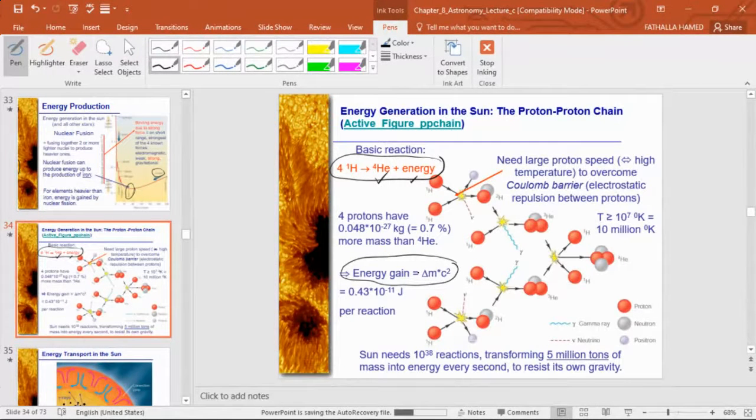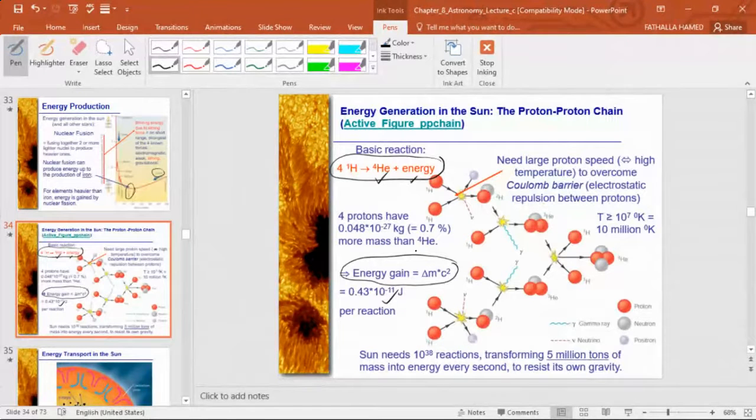Of course, here we say delta M, and delta M is the difference between the starting mass and the resulting mass. So a reaction like this will give me something like 0.43 times 10 to the 11 joules.